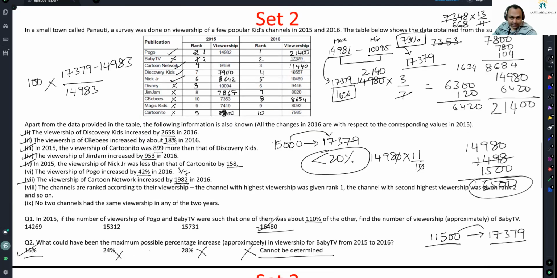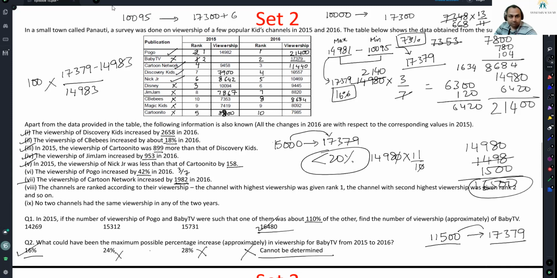The 73 is an estimation, because look at this. 10,000, 73% increase leads me to 17300. Now that I have 10095, if I want a 73% increase, I should have 17300 plus 73% of 95, which is going to be roughly something more.